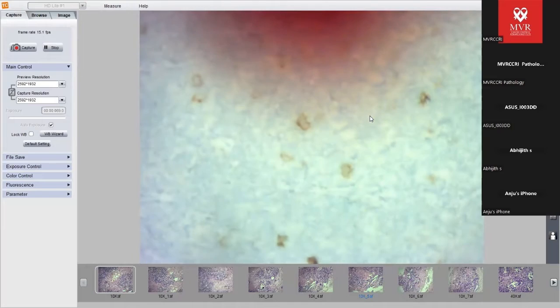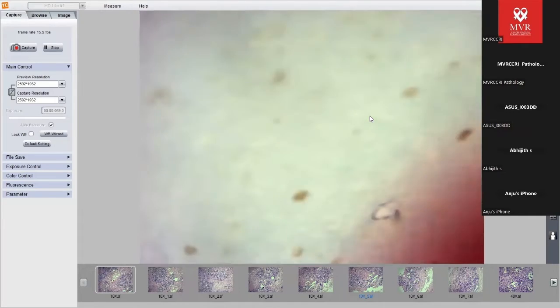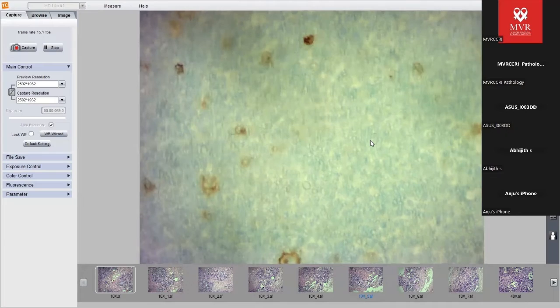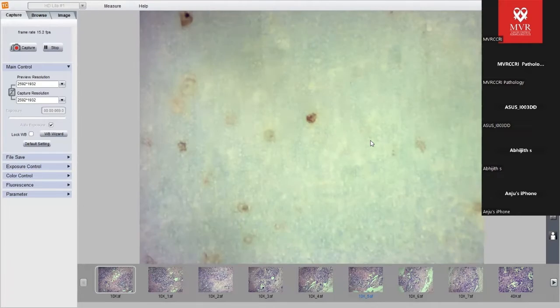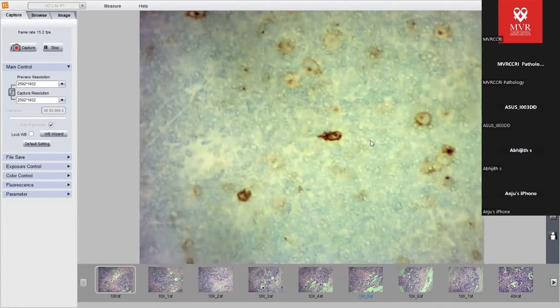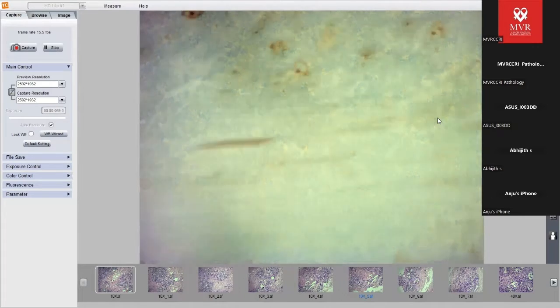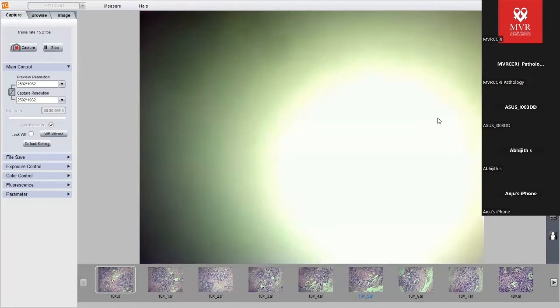It's not a very nice IHC, not very clear. It's a thick section. But still I feel that the CD30 is positive in these dark cells, and there is some Golgi-like staining. Okay, positive CD30.